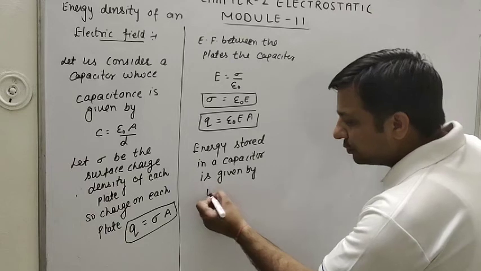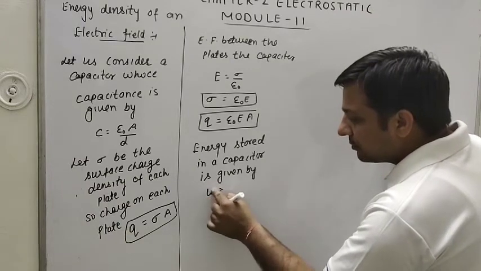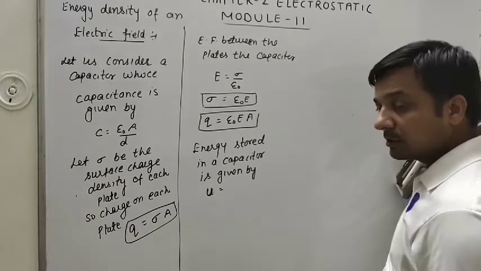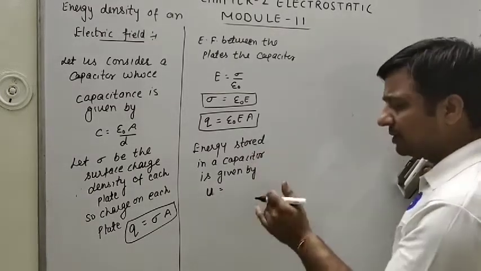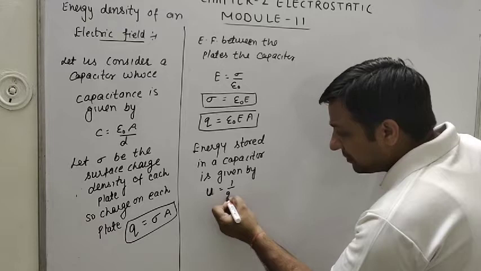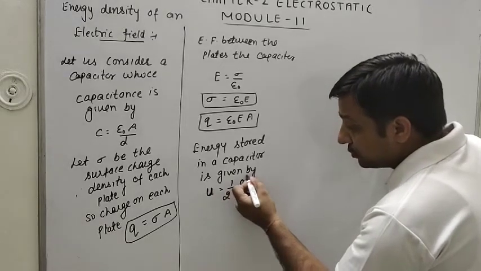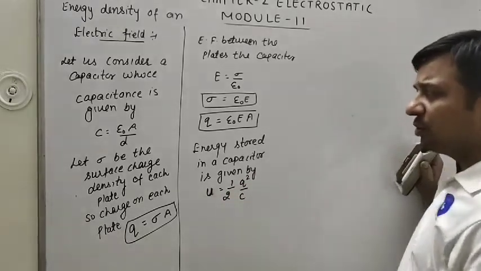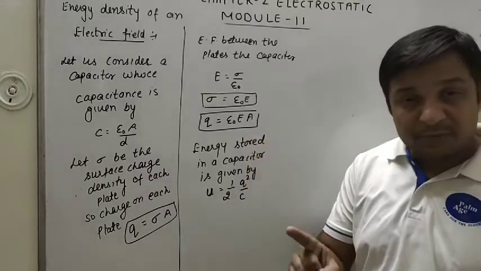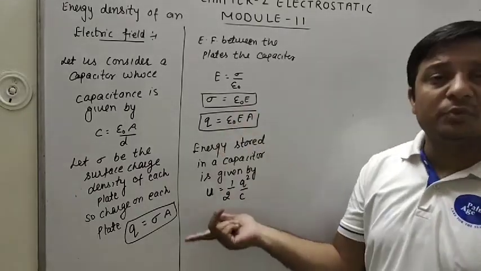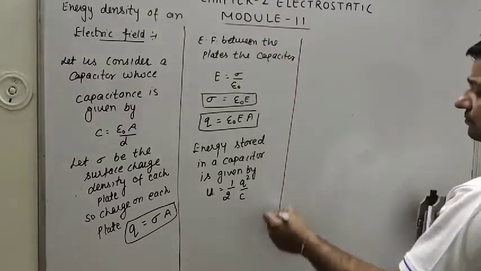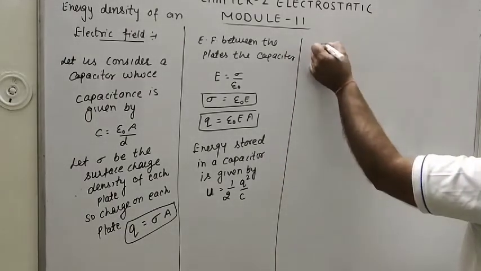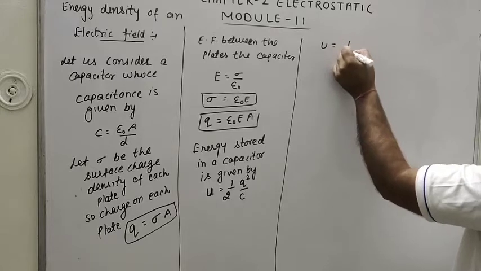U. In the previous topic we have described, also in this topic, half Q square by C. Not half CV square, because it will not be used as there is no V. So what will the formula become? U is equal to half.